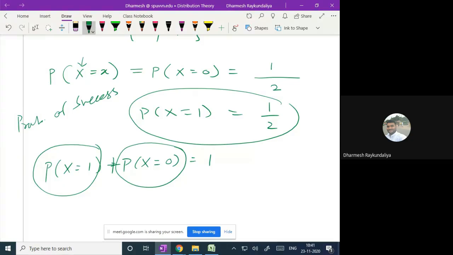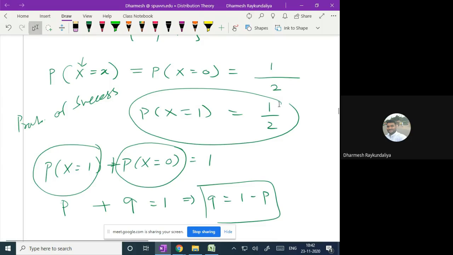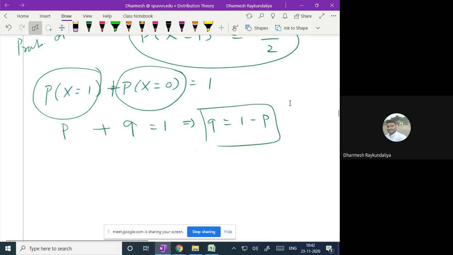Sometimes we call the probability of success P and the probability of failure Q. So if we can calculate P, you can easily calculate the probability of failure by using this formulation. So what is the distribution of x? x takes value 0 and 1, and the probability that x takes value 0 is half, and when it takes 1, it is also half.